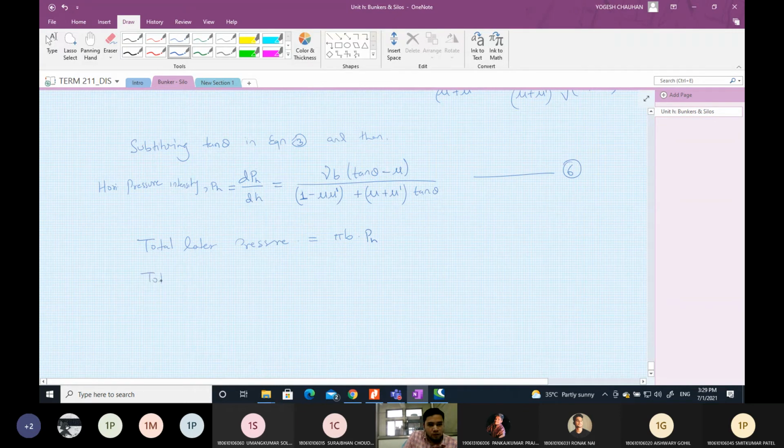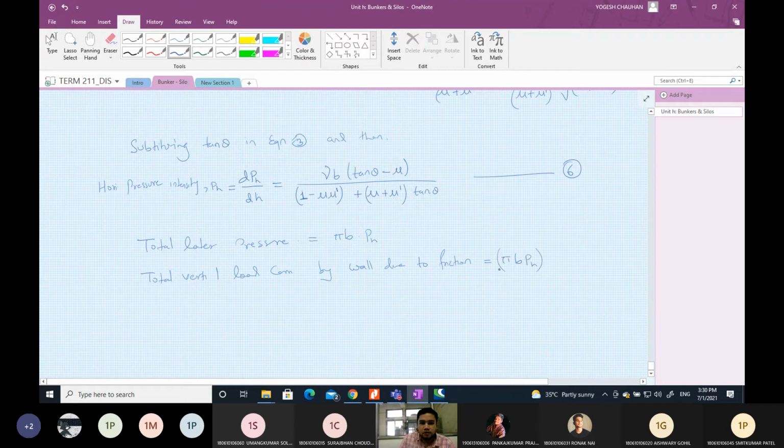So the total vertical load carried by the wall due to friction will be equal to pi times b times pH.